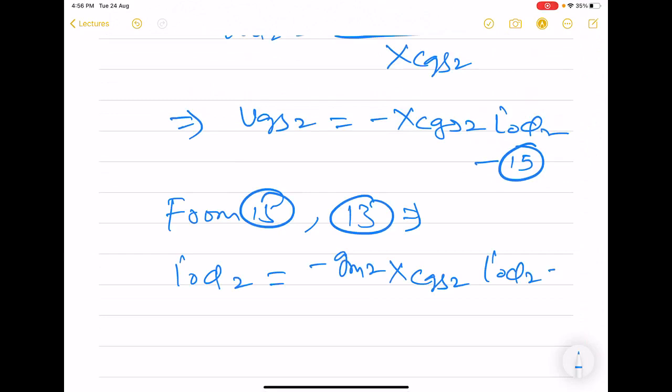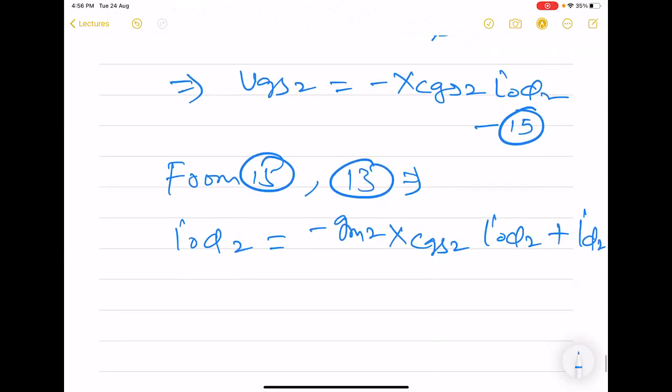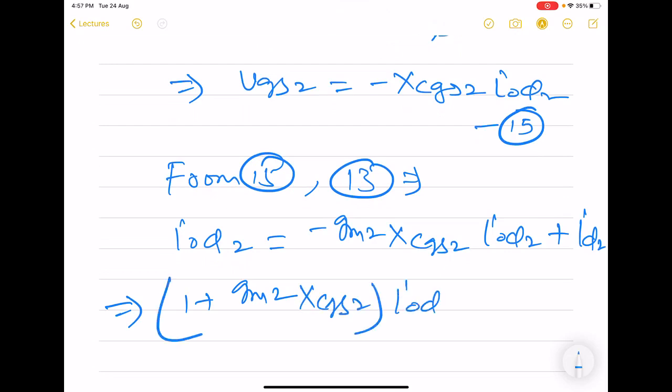This is IOD2 plus ID2. So 1 plus GM2 XCGS2 into IOD2 is equal to ID2.